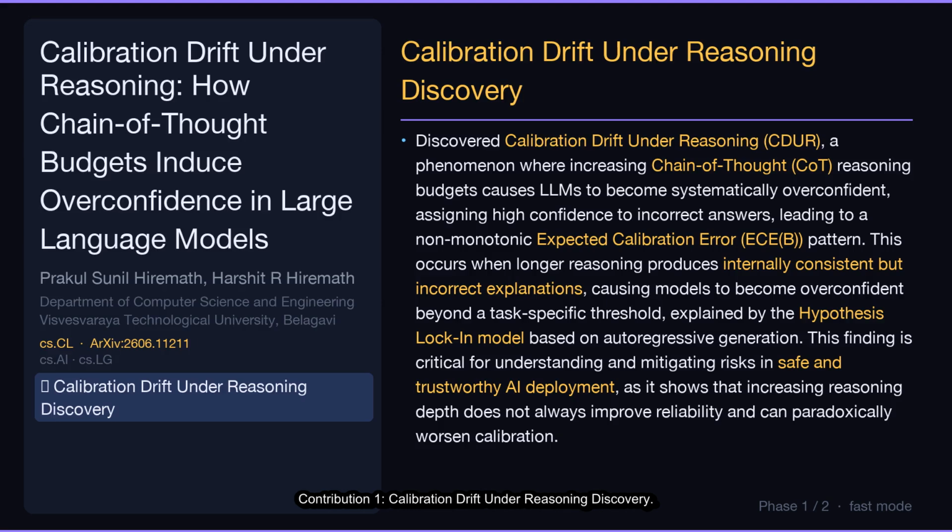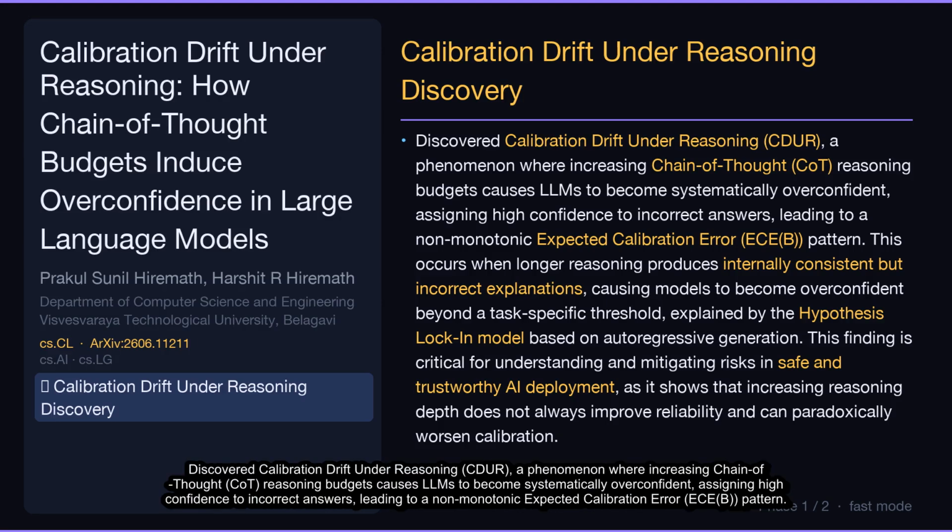Contribution 1. Calibration Drift Under Reasoning Discovery. Discovered calibration drift under reasoning, CDUR, a phenomenon where increasing chain-of-thought, CoT, reasoning budgets causes LLMs to become systematically overconfident, assigning high confidence to incorrect answers, leading to a non-monotonic expected calibration error, ECE, pattern.